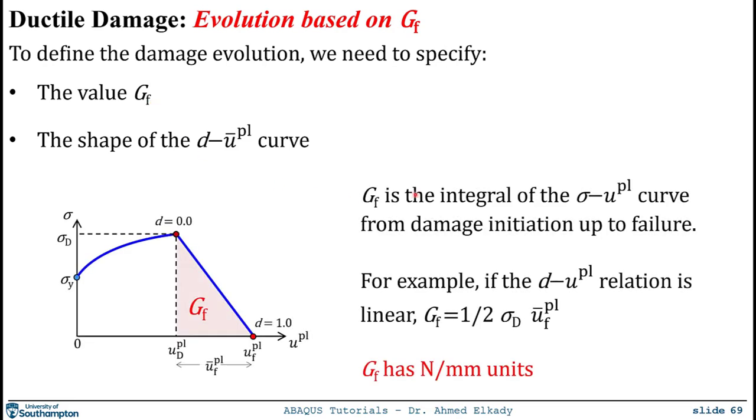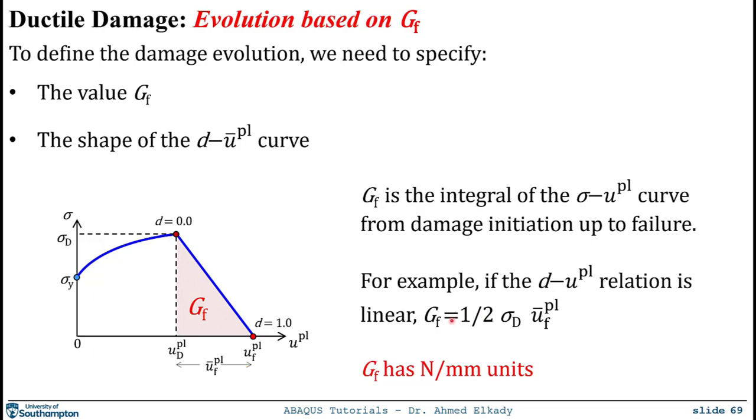In fact, this GF is the integral of your stress plastic displacement curve from the point of damage initiation until the point of failure. If I have a linear degradation in my stress strain curve like this one, then GF can be computed as the area of this triangle, which is half sigma D, which is your ultimate stress or the stress at the onset of damage, multiplied by this distance, which is the effective plastic failure displacement.